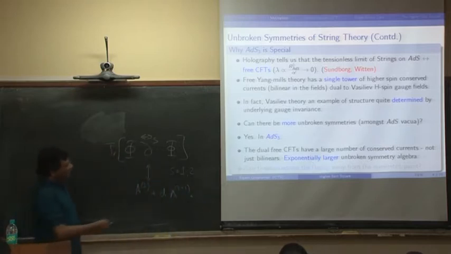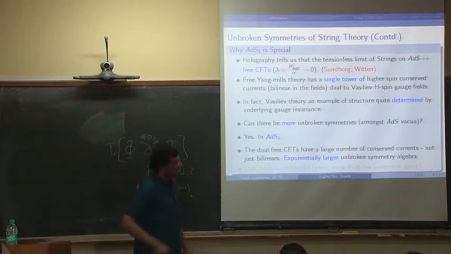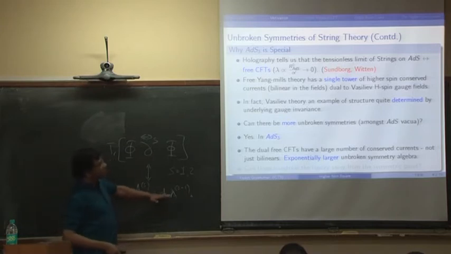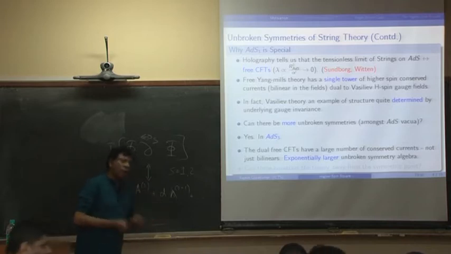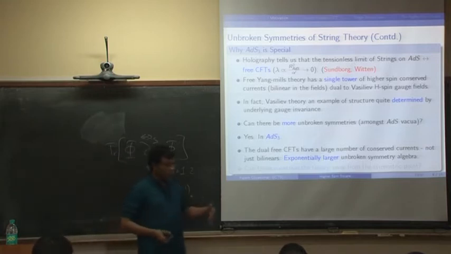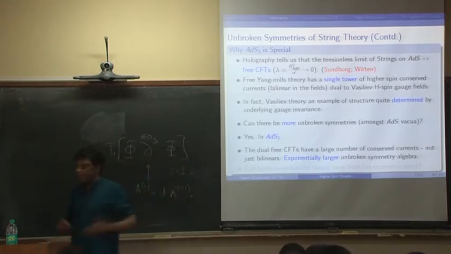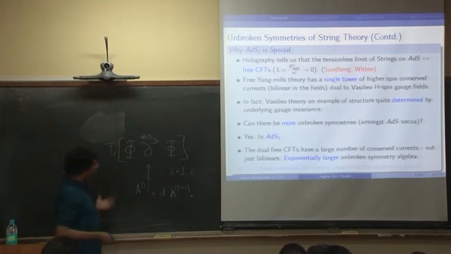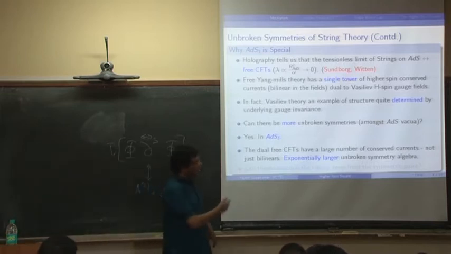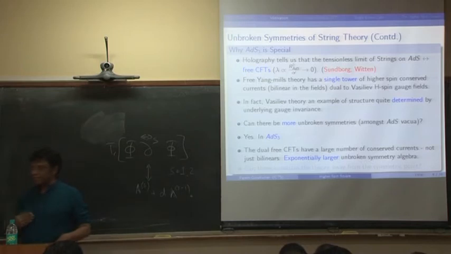And so that's good, because it's already much larger, because this is of course much bigger than the Yang-Mills and diffeomorphism invariance which we have in flat space, but it is still a very small fraction of the string states. So if you want to have linear relations between arbitrary levels in string theory, this is not going to do the job. You need something much larger. This is exponentially larger. You'll see that it is like a Cardy growth of states.